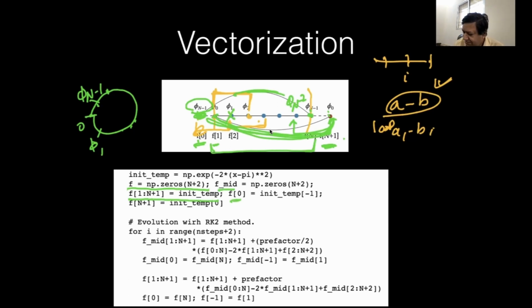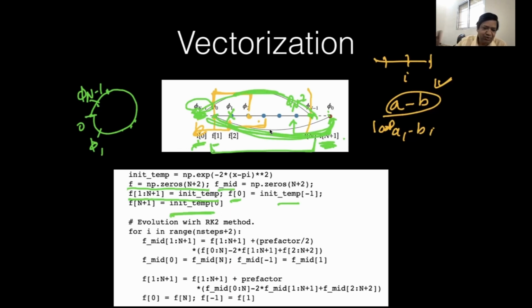And phi 0, which is F0, so F0 is temp minus 1. I take this value, the temperature, the real one. The end point is copied to the leftmost point here. And F n plus 1 here has the value of the temperature at the leftmost point, which is initial temperature 0.